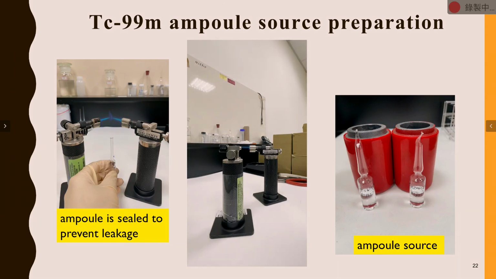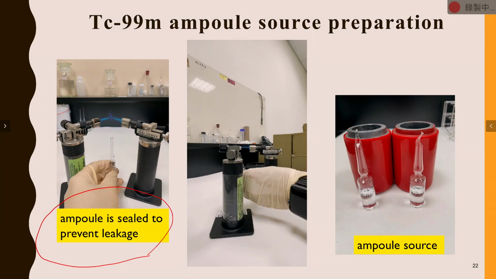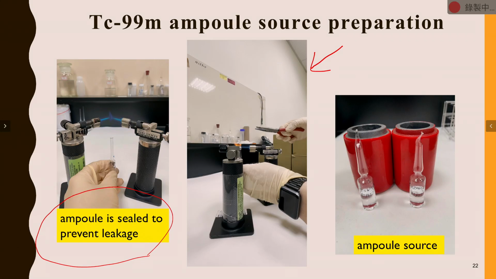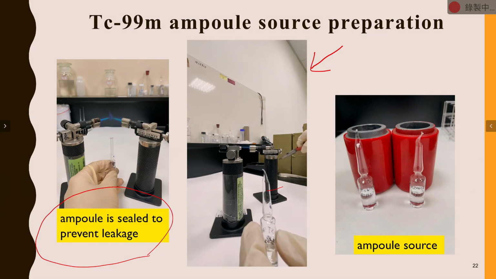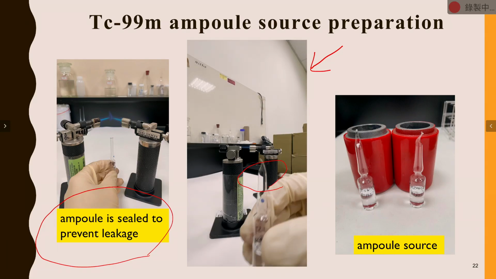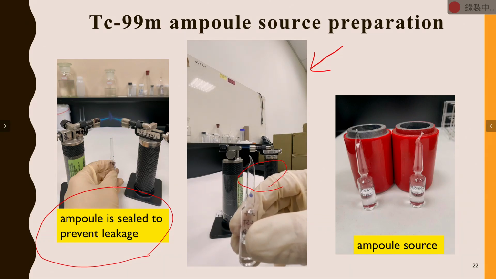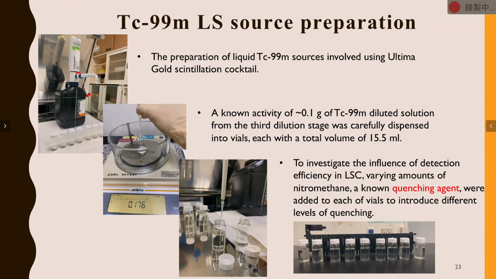So, just like I said, the ampoule is sealed to prevent leakage, and this is the movie to show how we seal the ampoule source by using the wire, a bit like pulling the glass by hand, and then after pulling it looks like this. And this is the LS source preparation for your reference.